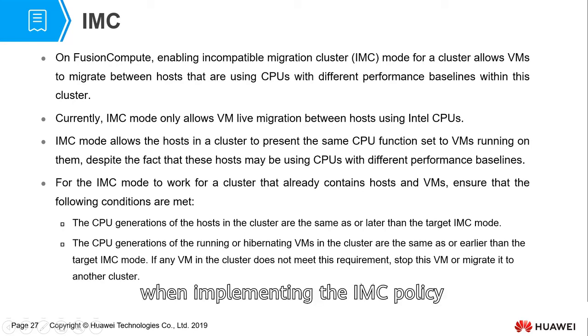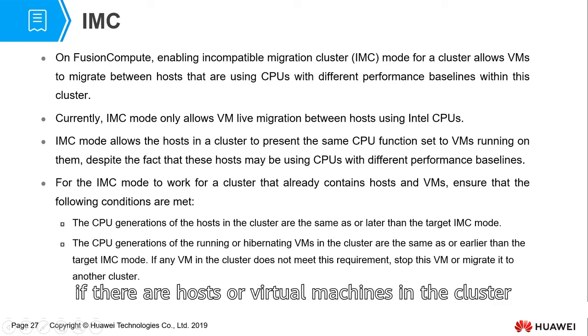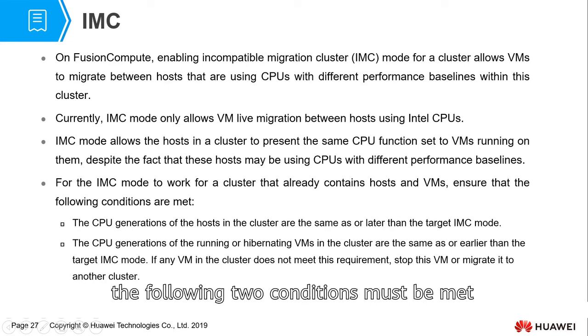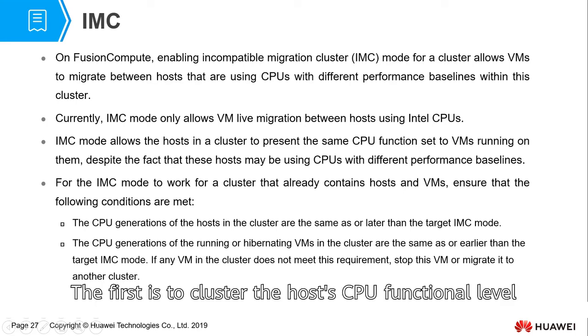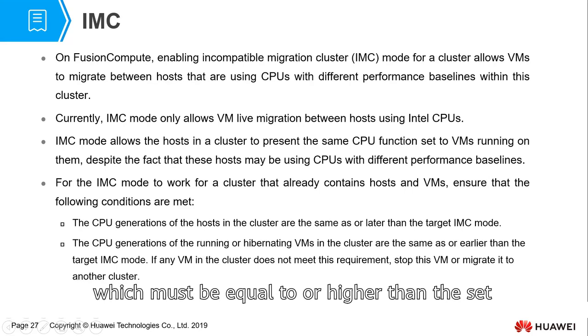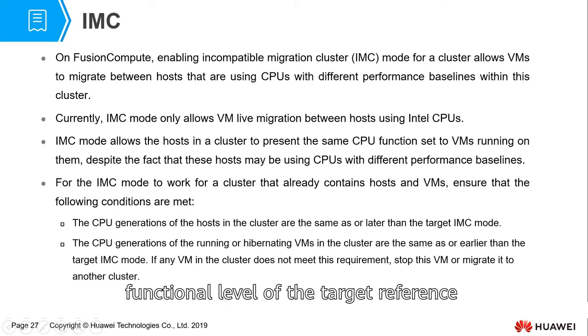Moreover, when implementing the IMC policy, if there are hosts or virtual machines in the cluster, two conditions must be met. The first is that the host CPU functional level in the cluster must be equal to or higher than the functional level of the target baseline.